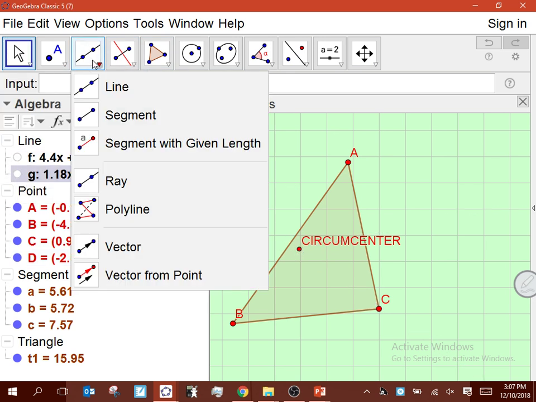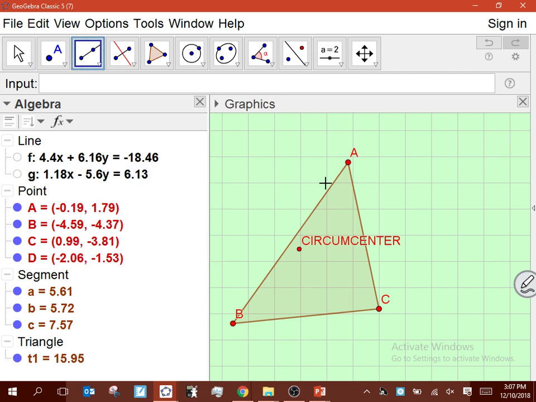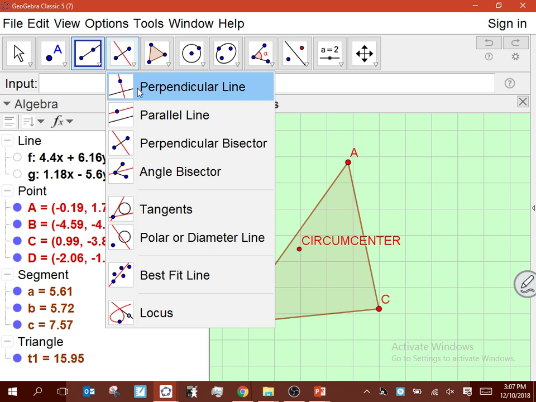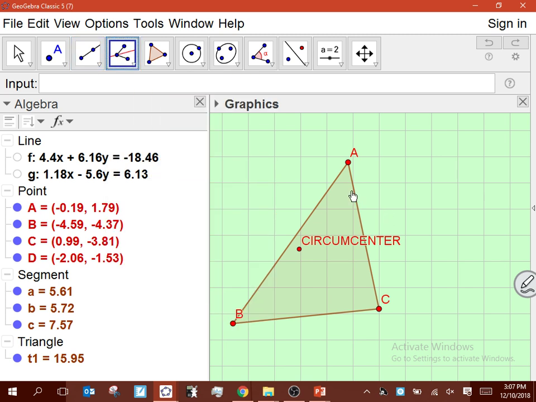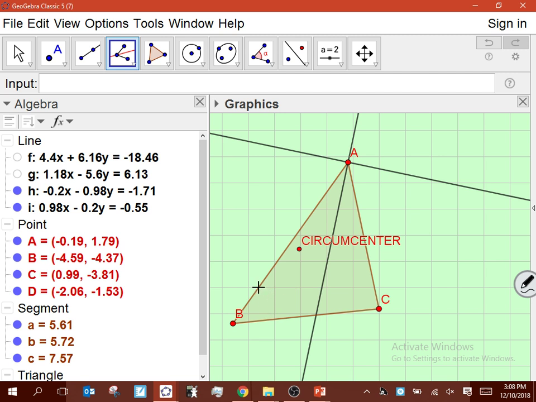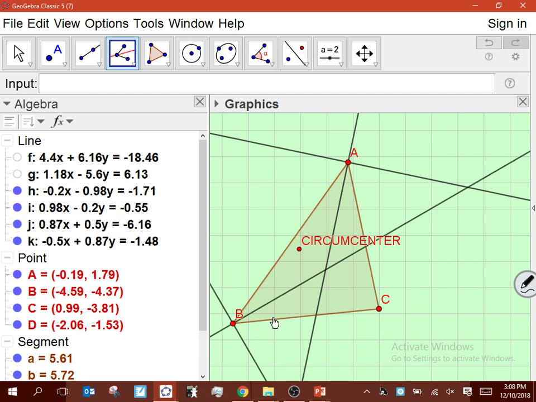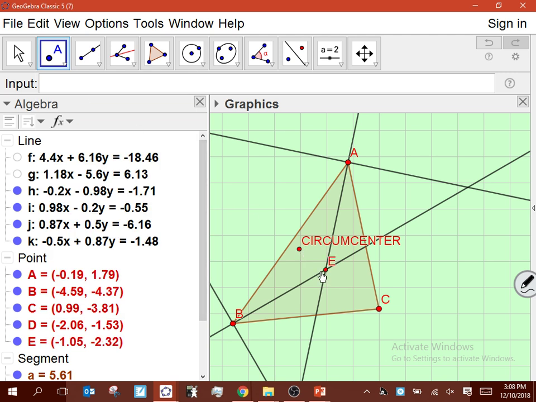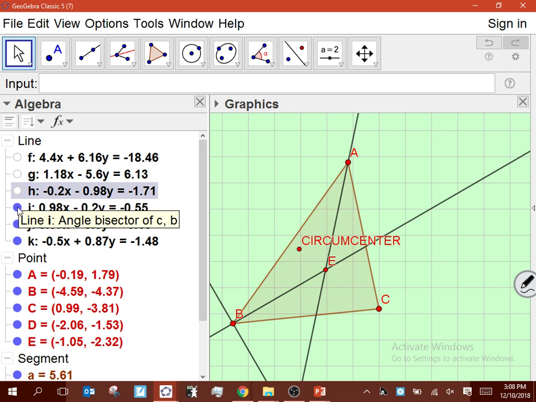Okay, and today then we're talking about that point right there, which is the intersection of the angle bisectors.